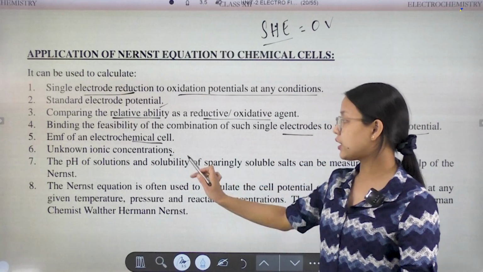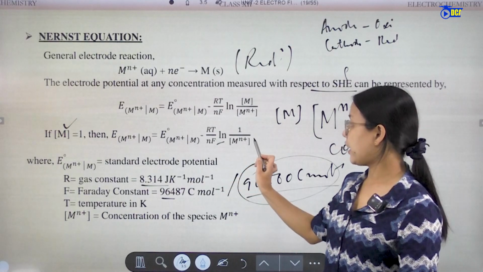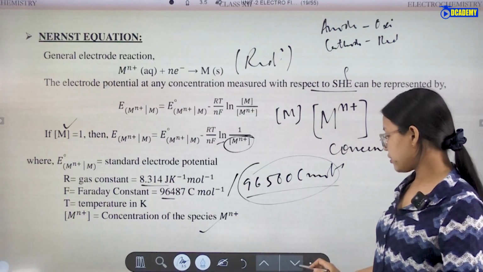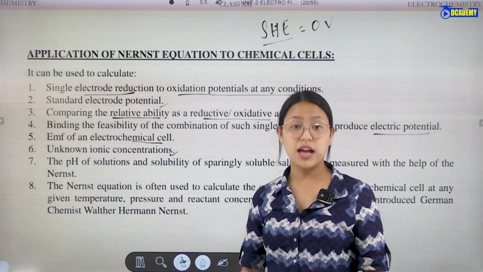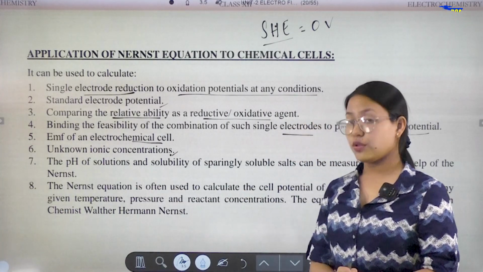Then the unknown ionic concentration. We can also find out the unknown ionic concentration. Then the pH of the solution.